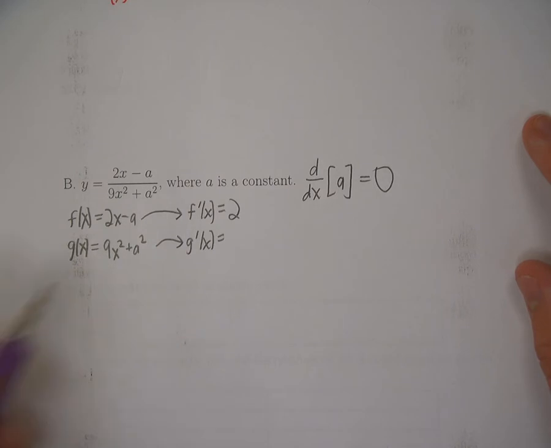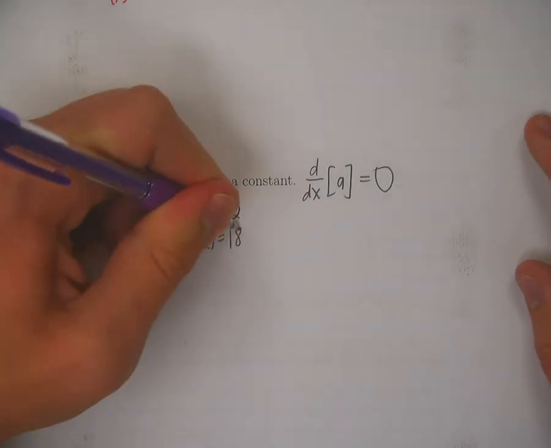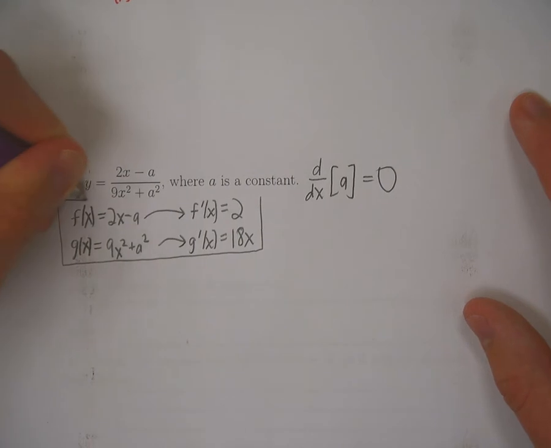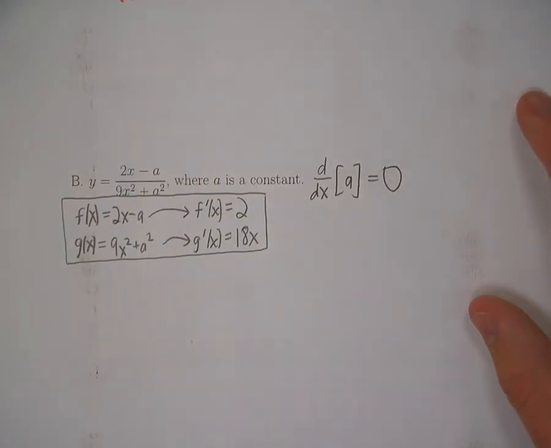So because of that, that tells you g prime of x is then what? Just 18x. Good.